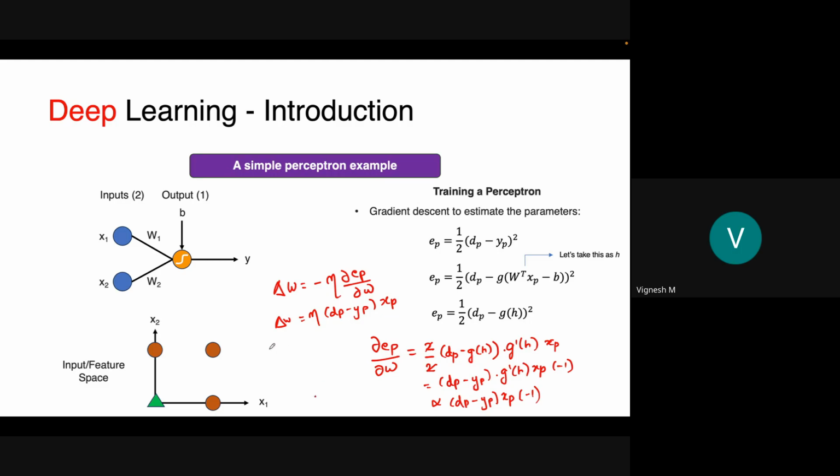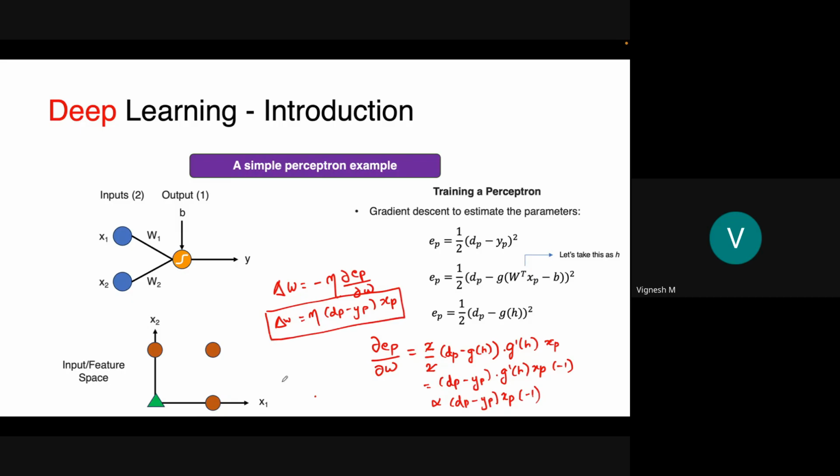The change in w at every pattern that you present is nothing but the error multiplied by your input. So that will change the weights appropriately. That's the first for w. Simple. You just have to differentiate, move towards the negative of the gradient, and you get this update rule.